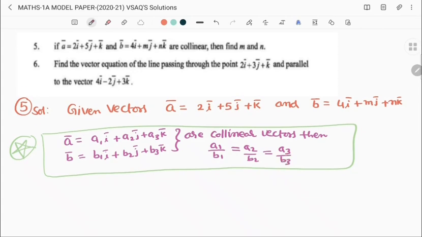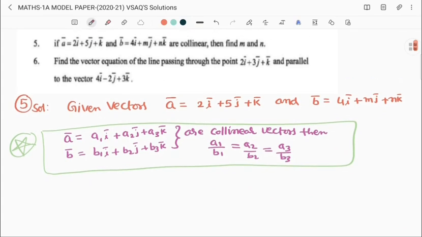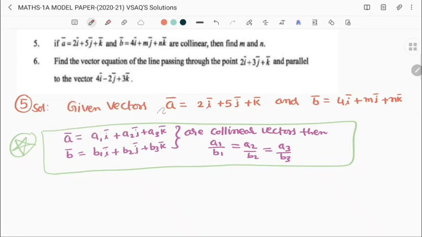That's all. So by using this formula, we can get the answer. According to this question, here a1 is equal to 2, a2 is equal to 5 and a3 is equal to 1. And here b1 is equal to 4, b2 is equal to m and b3 is equal to n.